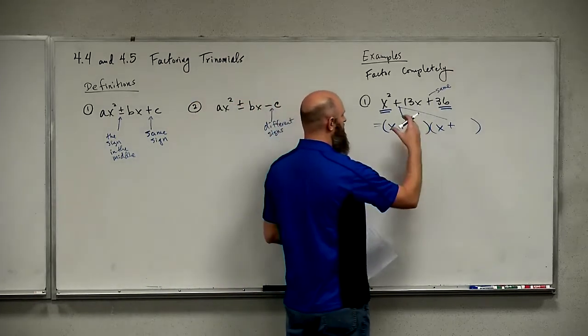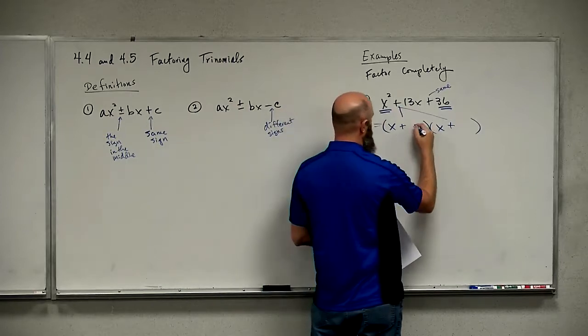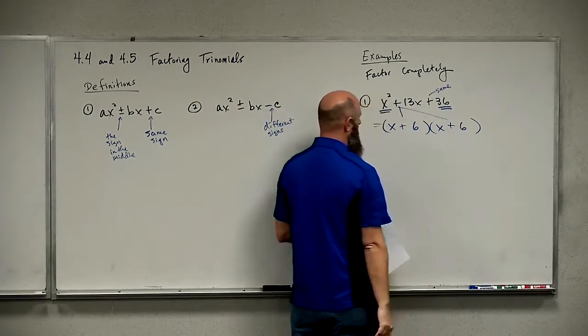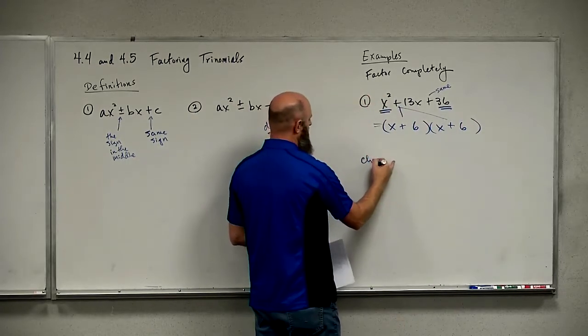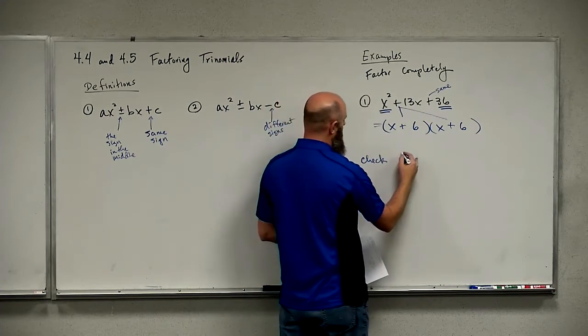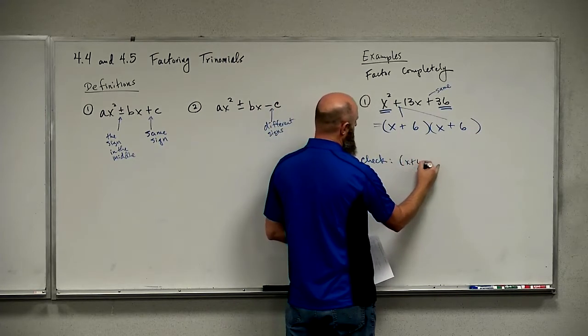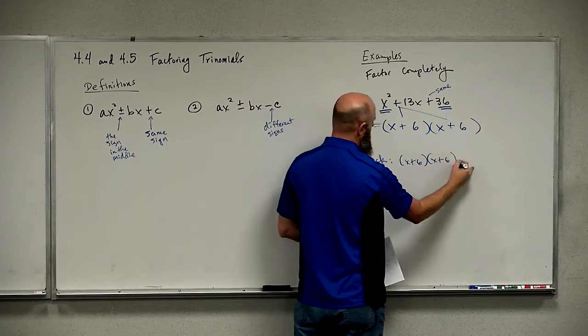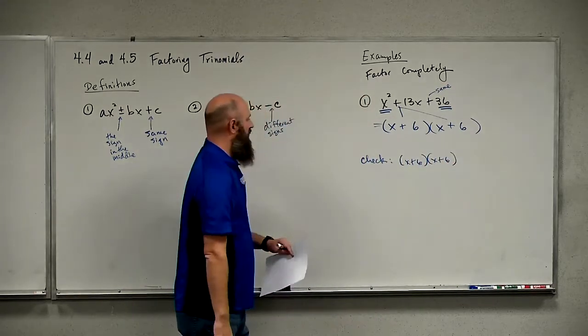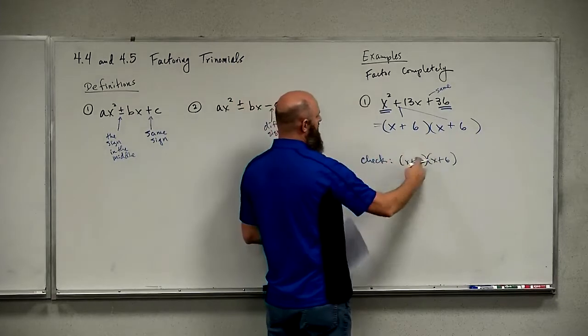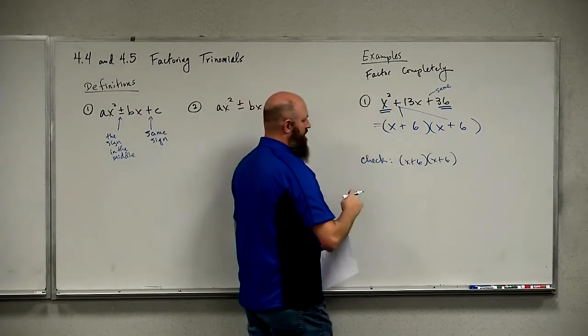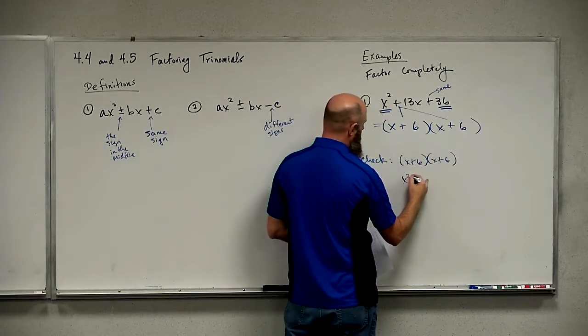All right, so 36, a lot of times I think 6 and 6. So I'm gonna write those down. So let's do our check. Check means that we're gonna multiply. So x plus 6 times x plus 6. And we need to see if I FOIL this out, do I get my original up here? So x times x is x squared.